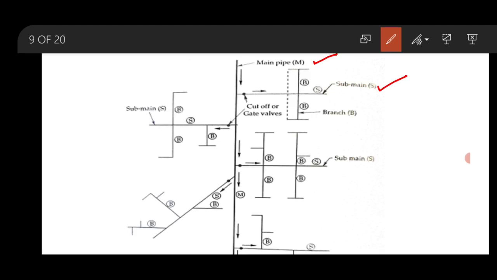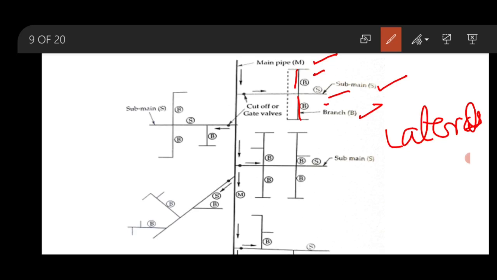So from the main pipe, these are the submain pipes. Each submain then divides into several branch pipes. So these are the branch pipes, also known as laterals. From the laterals, service connections are given to the consumers.